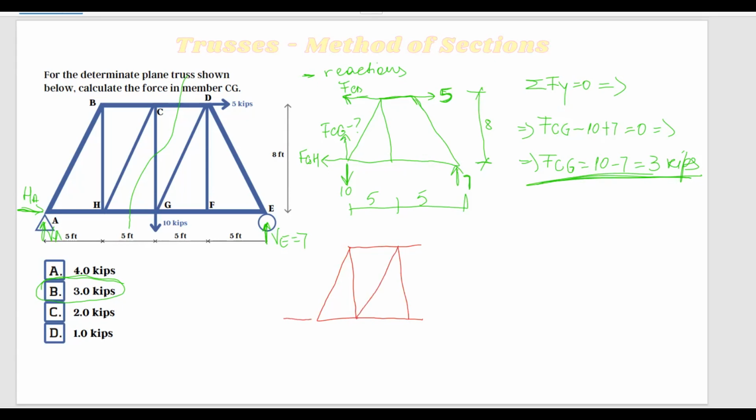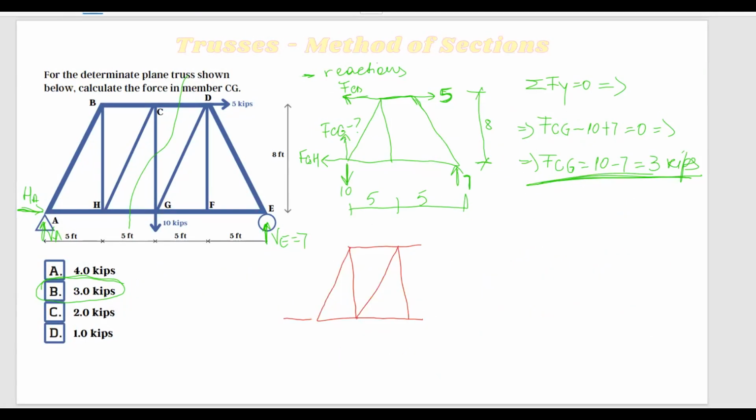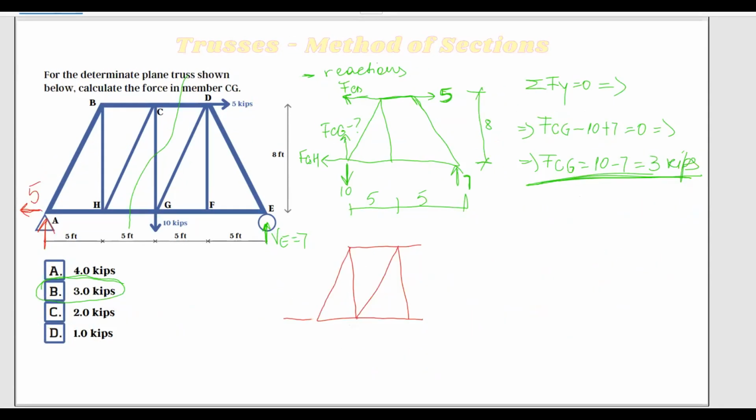This is the HA. Let's see what the reaction is. We have HA is 5. So I'm going to correct this here. Let me do HA pulling towards the left, and HA is 5. And then VA going upward equals 3.